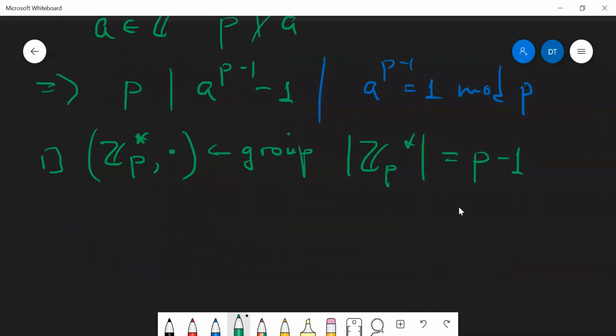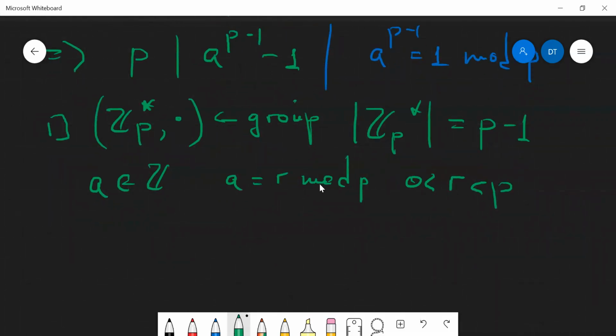And now if we take an arbitrary number in Z which is not divisible by p, it simply means that a is equal to r modulo p, where r is a number between 0 and p.